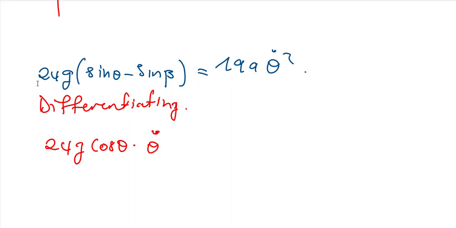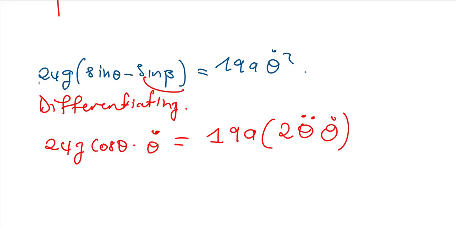This will be equal to 19a times the derivative of theta dot squared, which gives 2 theta double dot times theta dot. At this level we know that beta was 0, so sine beta is 0 and it disappears.